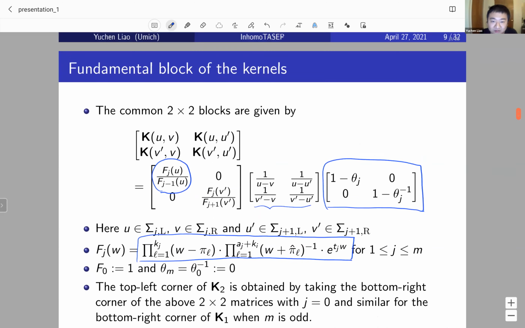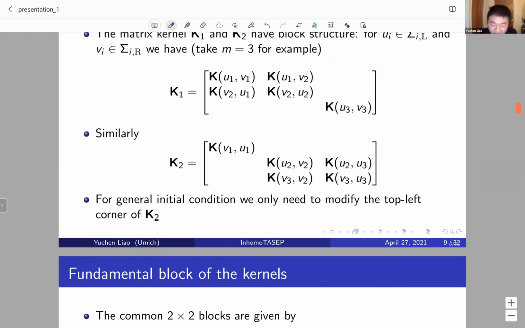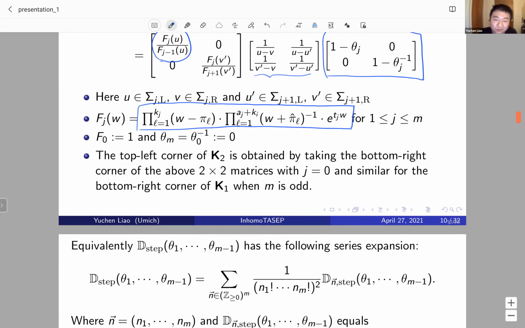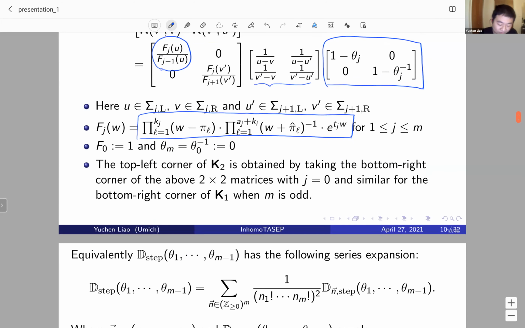Here, for the top left or bottom right corners, one needs an extra convention to really fit this general framework, so that everything works nicely.